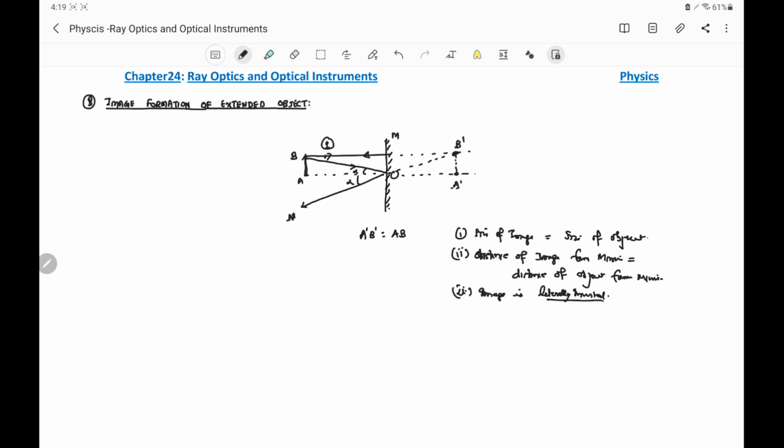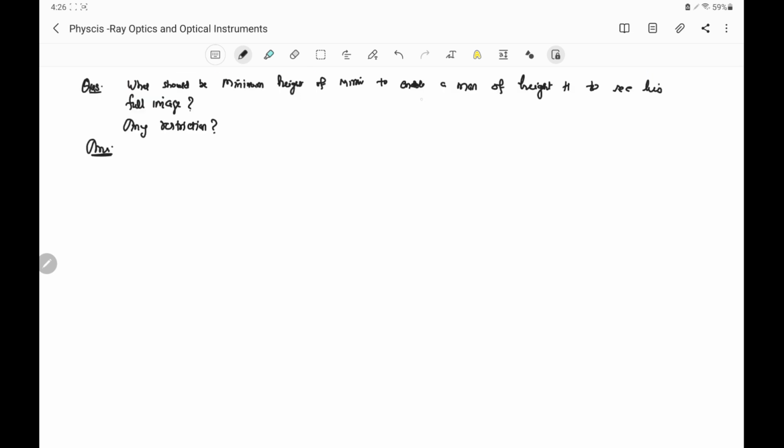Let's take a problem. What should be the minimum height of a mirror to enable a man of height h to see his full image? Suppose this is the mirror whose height is required, and it is AB, and there is a man whose height is given as h.